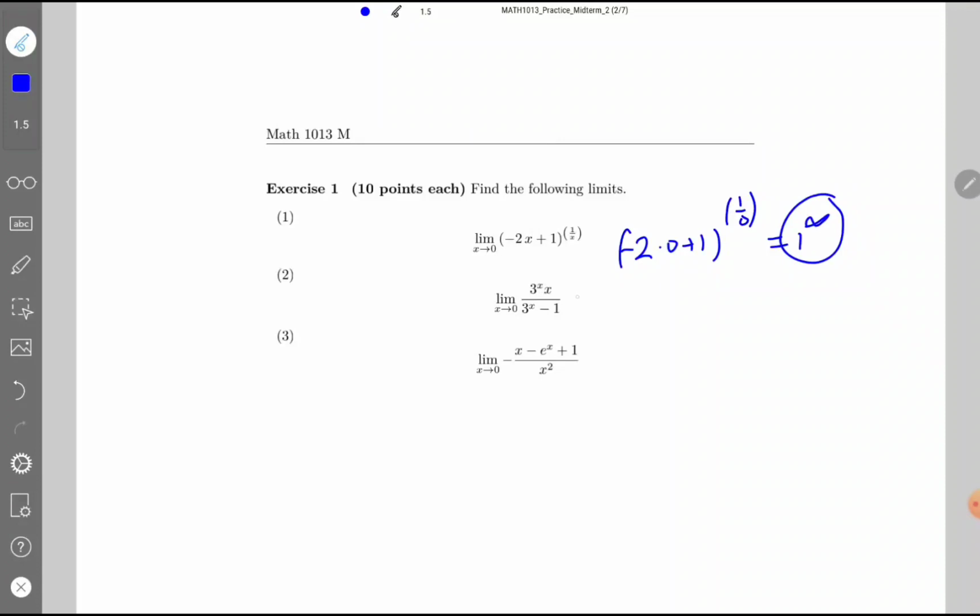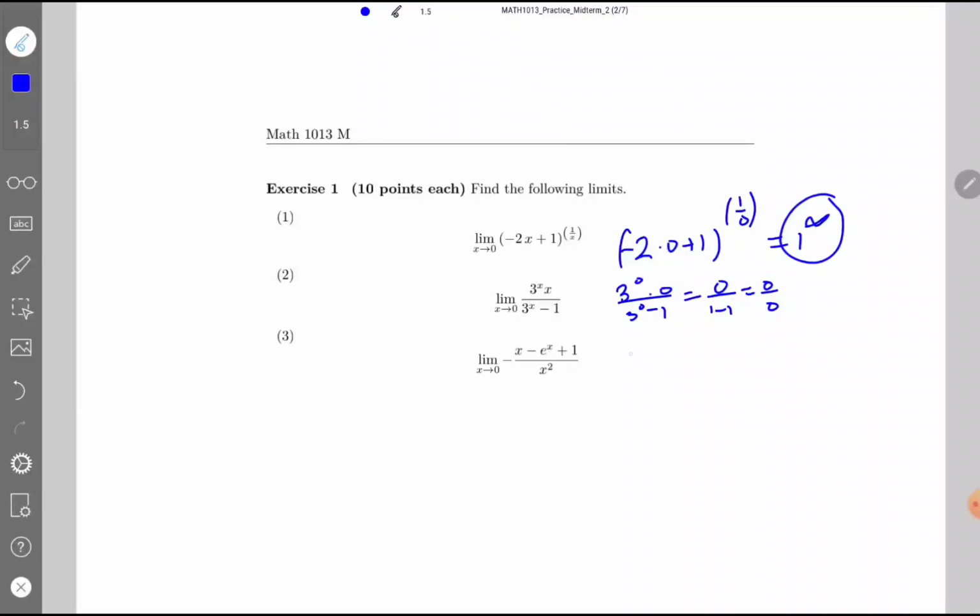Let's look at the next one since we're already here. If we plug in 0 here, we get 3 times 0 over 3 to the 0 minus 1. So we get 0 over 1 minus 1, which is 0 over 0. So here we can use L'Hopital.